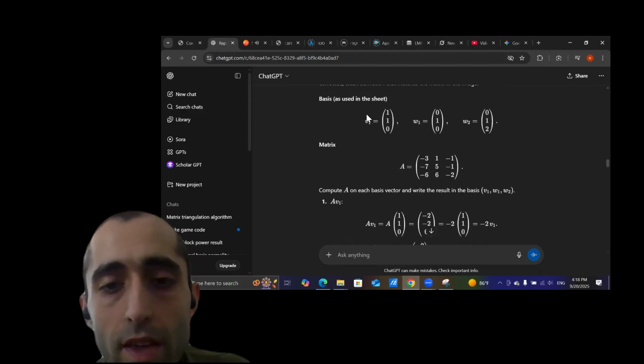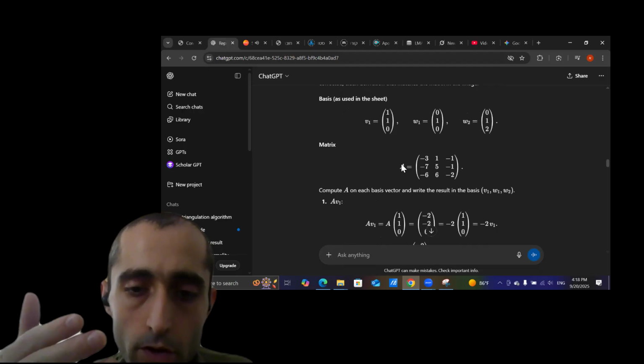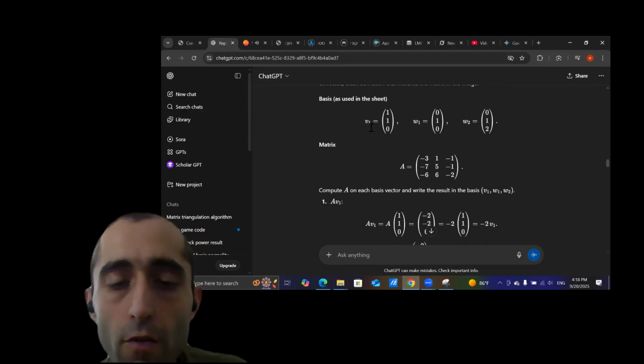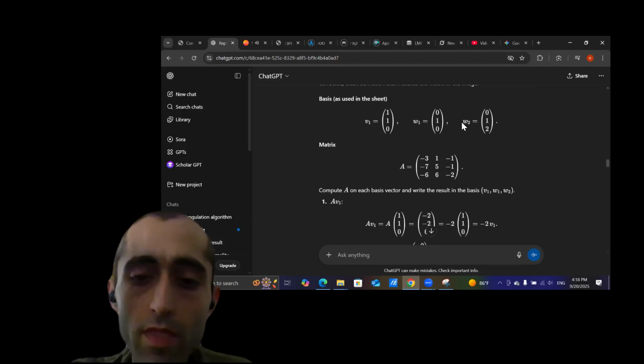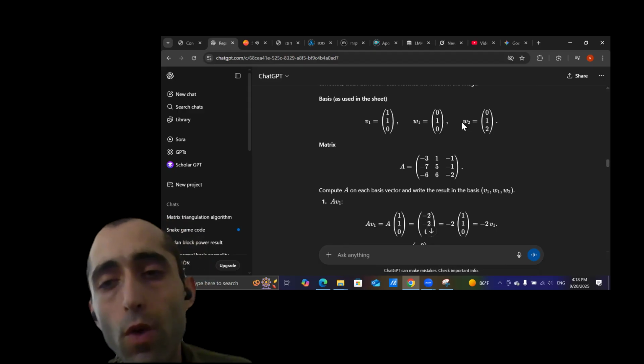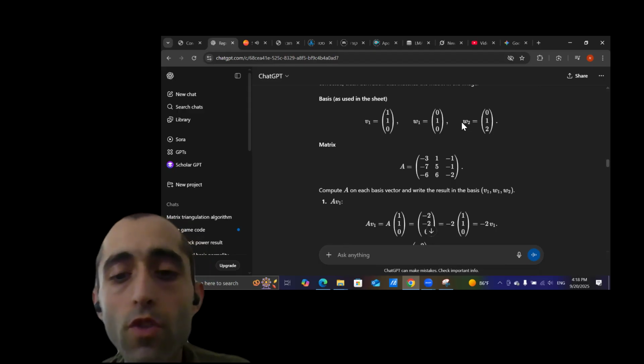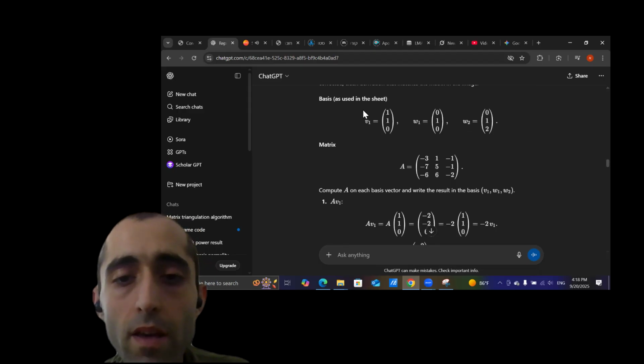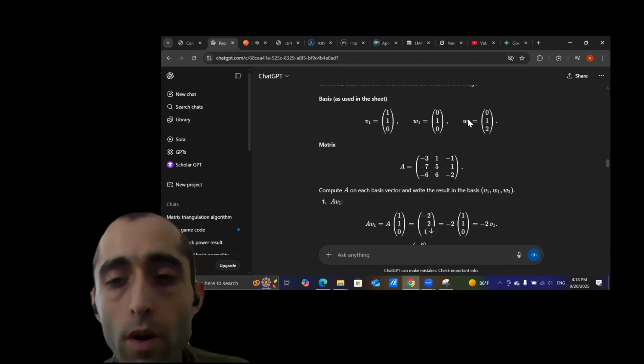We start by taking this base, and each vector we will multiply by the matrix, and then we ask ourselves, looking at the result of the multiplication of A, for example, with V1, what linear combination of the base gives you this result, and this combination will be one of the columns of the result matrix A in the base of V1, W1, and W2.